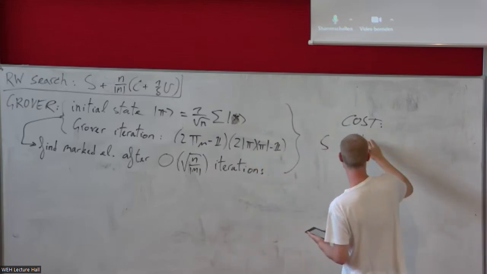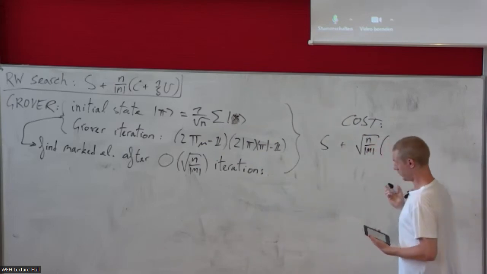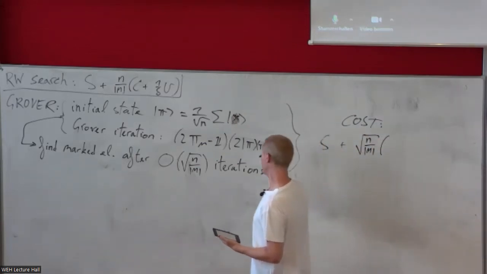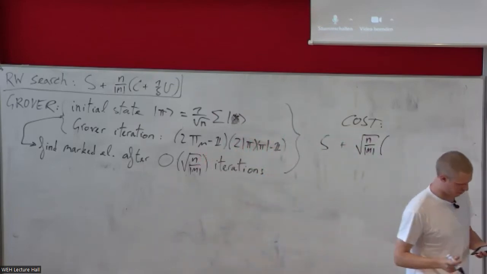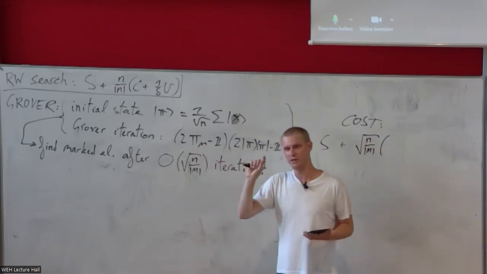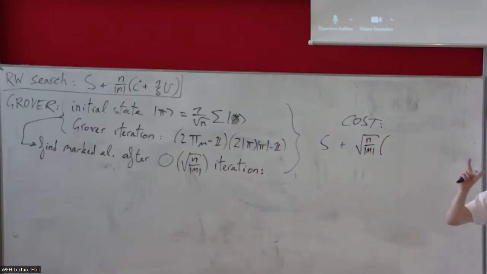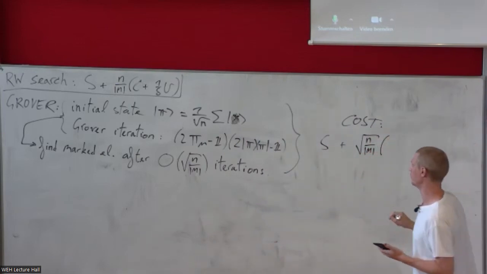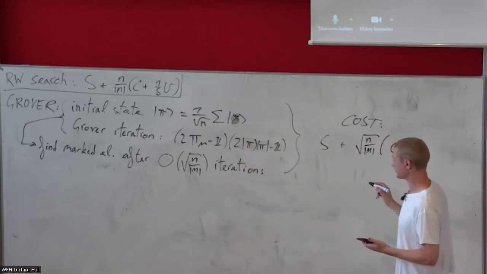and then we have square root n over m iterations. I'm going to hide big O here and just write square root n over m iterations. And what's the cost of a single iteration? We want to do a check again. Recall, I think Ronald also covered this, that you can implement this reflection where the main cost is checking if an element is marked or not, and then just some elementary gates to apply. So essentially, implementing this thing is one check.